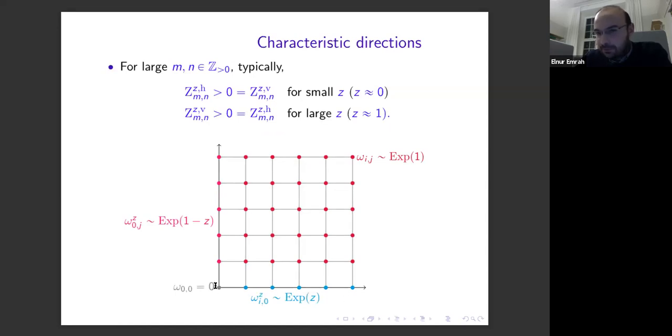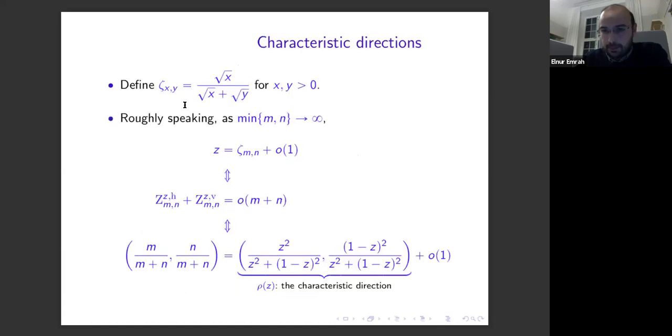So the geodesic from the origin would prefer going right initially. Likewise, if Z is large, meaning Z is close to 1, the geodesic from the origin would prefer going up initially.